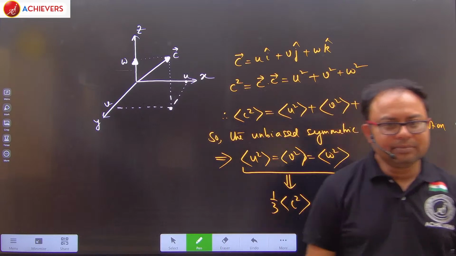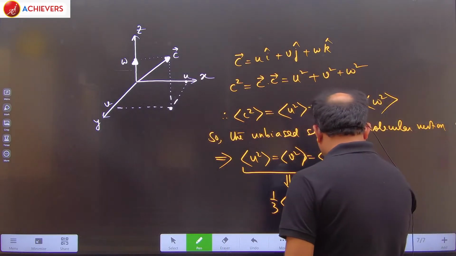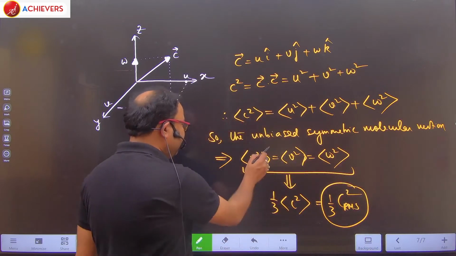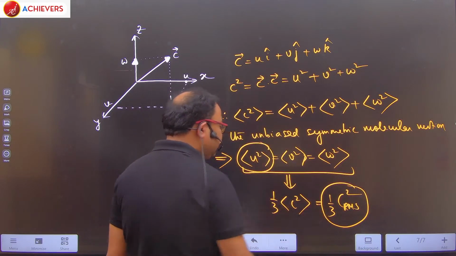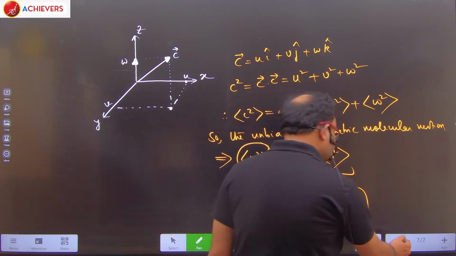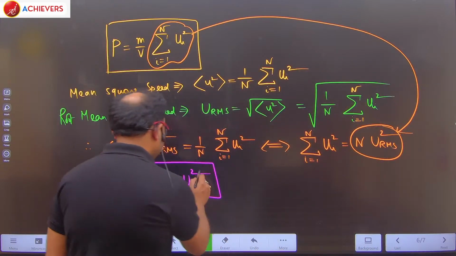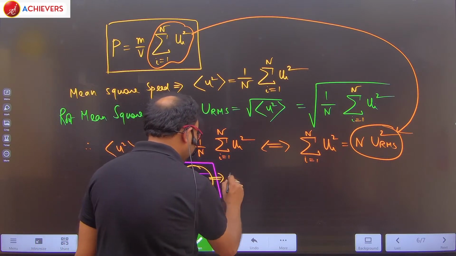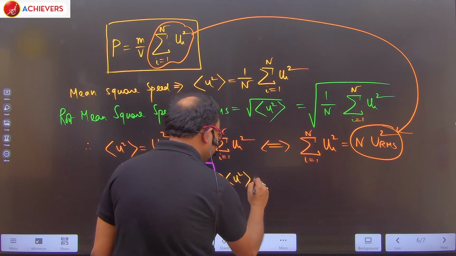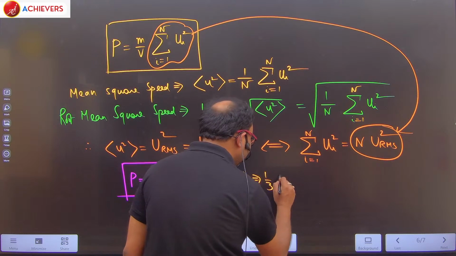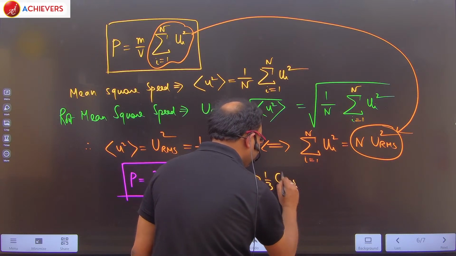That's all. So in place of u square average, we will substitute 1/3 c RMS square.